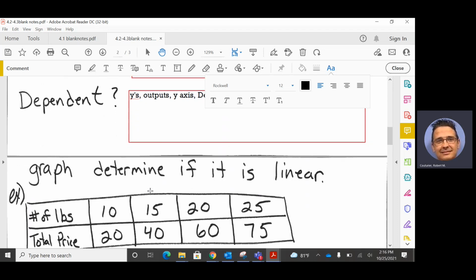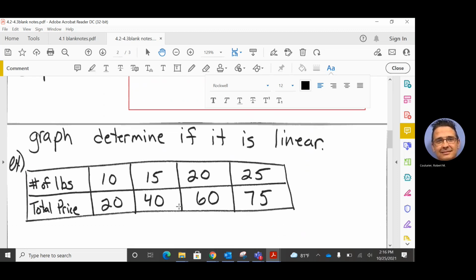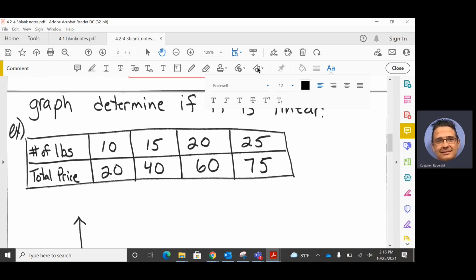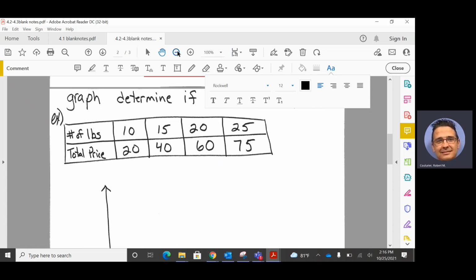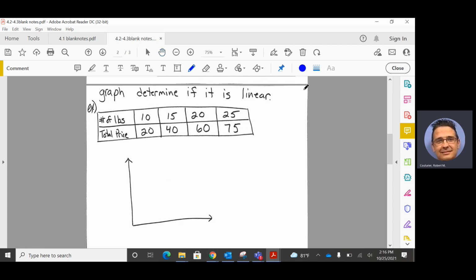Now, sometimes, guys, we're given a table of values, and they want us to graph this. I'll zoom out so I can see better. But we have to create scales and margins so that they are appropriate. Look at this. The number of pounds determines the price, right?